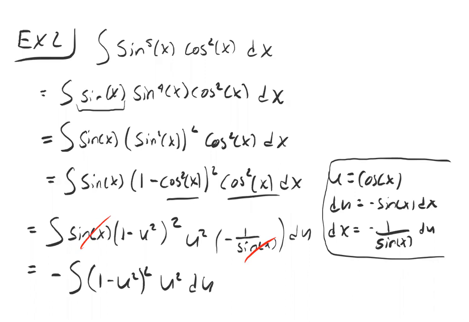This is a polynomial. We know how to do these pretty quickly. This is negative the integral 1 minus u squared squared is 1 minus 2u squared plus u to the fourth, u squared. And now we're just going to keep going. So this is negative integral.